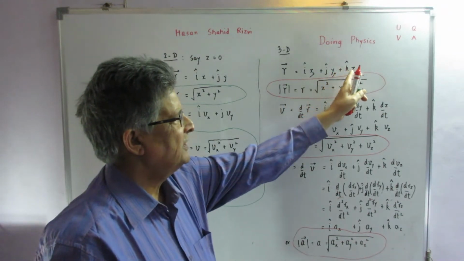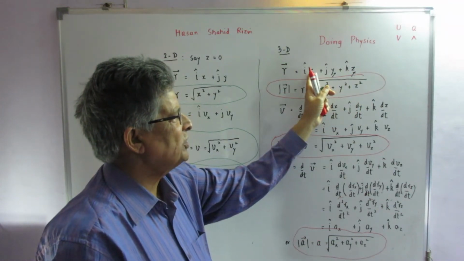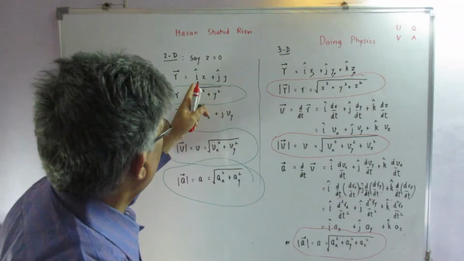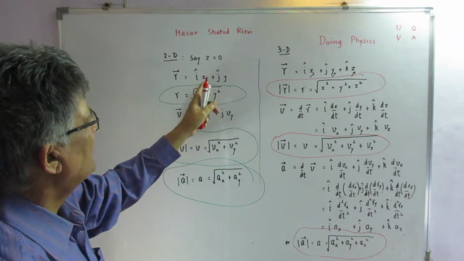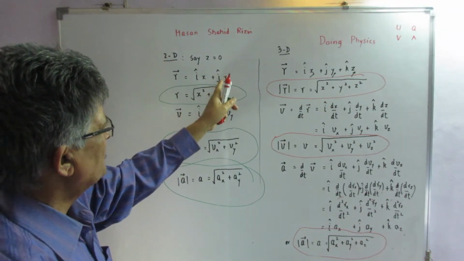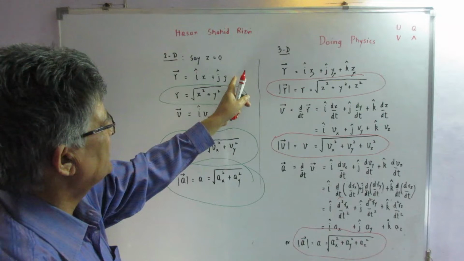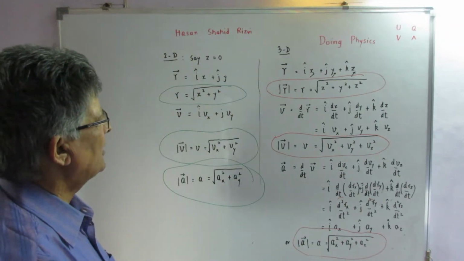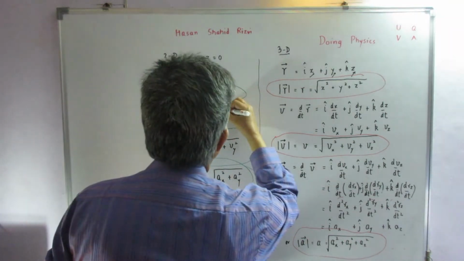And if I take x equal to 0, then I have y here with the j component, and z here with the k component.